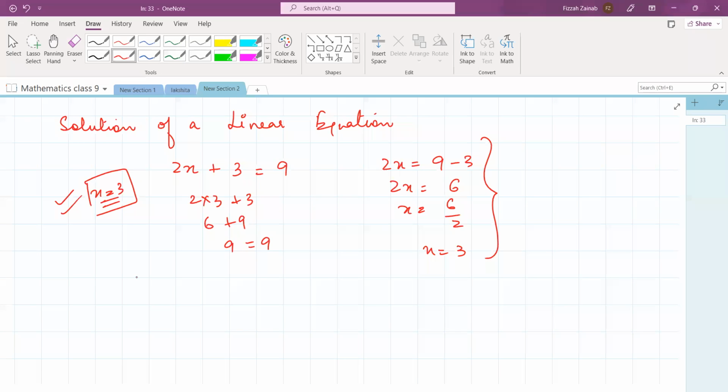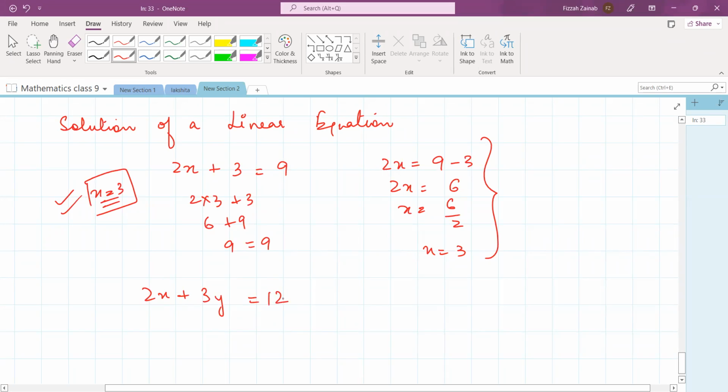So this was one variable. Now if I have an equation in two variables, let me take one example of, let's say, 2x plus 3y is equal to 12, right? It is one equation in two variables. Now what should be the values of x and y so that I get 12? So can you guess some values here?